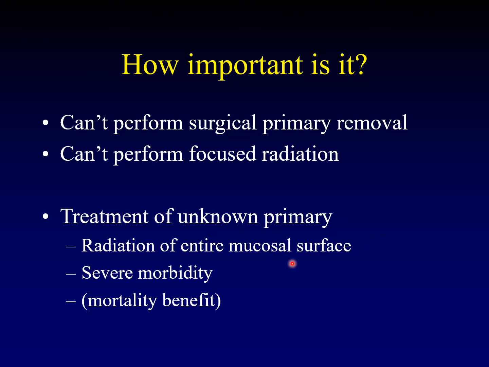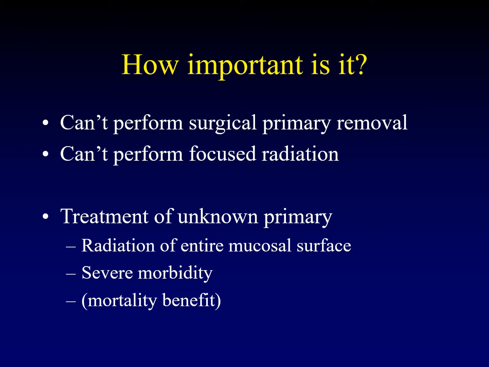You can imagine the degree of xerostomia that this creates. So these patients end up with severe morbidity. But on the other hand, there is a mortality benefit. These patients are less likely to die of their disease than patients who have discovered small primary tumors. Now, this is not because we didn't see it, obviously, but statistically, it works out that these tiny primary tumors or undiscovered primary tumors are less deadly.